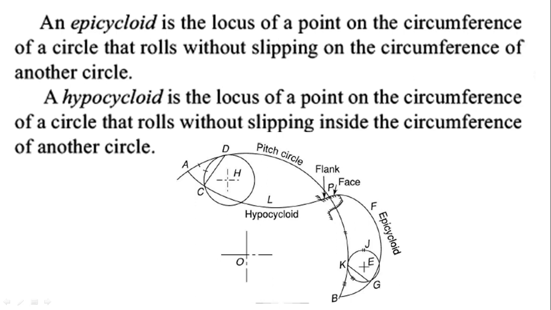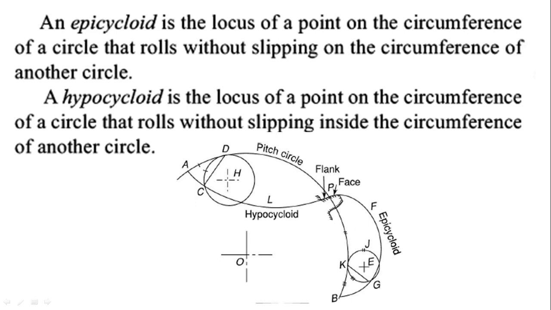Similarly, a hypocycloid is the locus of a point on the circumference of a circle that rolls without slipping inside the circumference of another circle. Here this is outside, and here you can see the hypocycloid, which is the inside part. It has meshing without slipping inside the circumference of another circle.